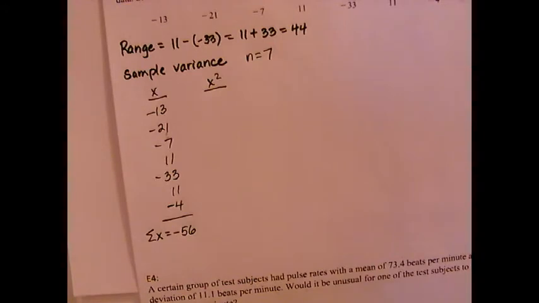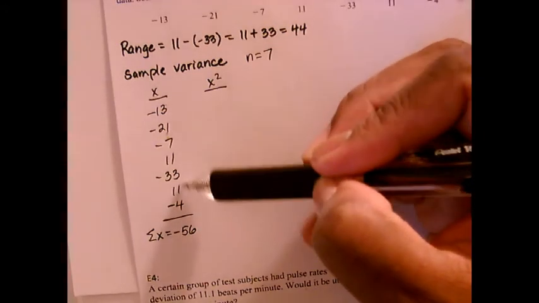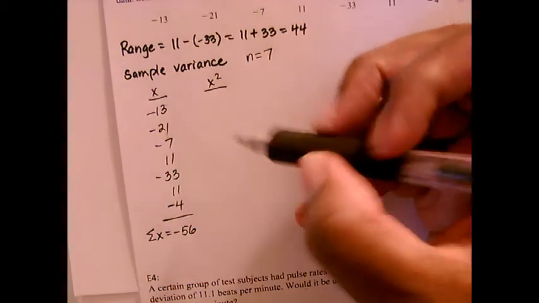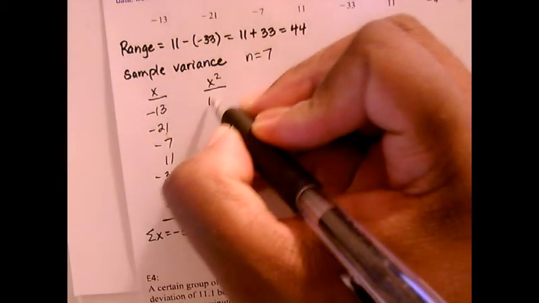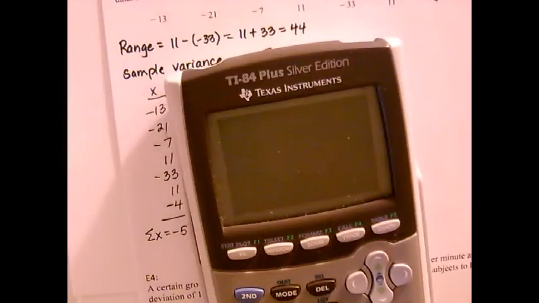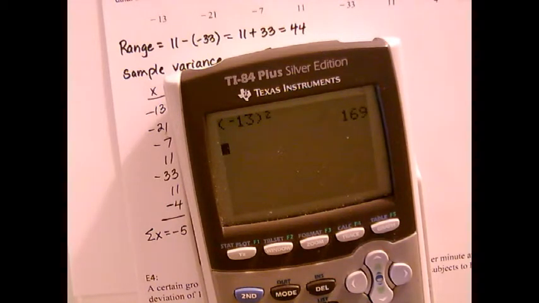Now for the x squares, you're going to square each individual x value. So when we square negative 13, that's like negative 13 times negative 13. You're squaring a negative, so that's going to be a positive. And in this case, negative 13 squared will be positive 169. And if you want to do this on the calculator, you can. But make sure you use parentheses around the negative 13, and then square it on the outside, because you have to close the parentheses and then square it to get the actual number of 169.